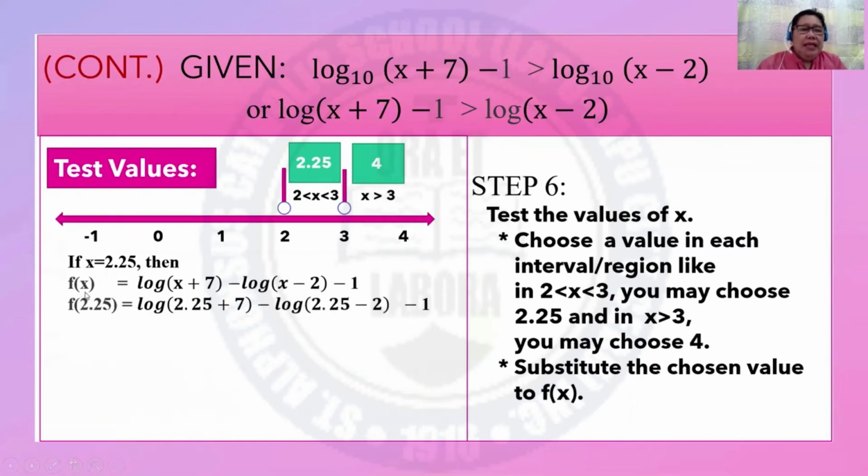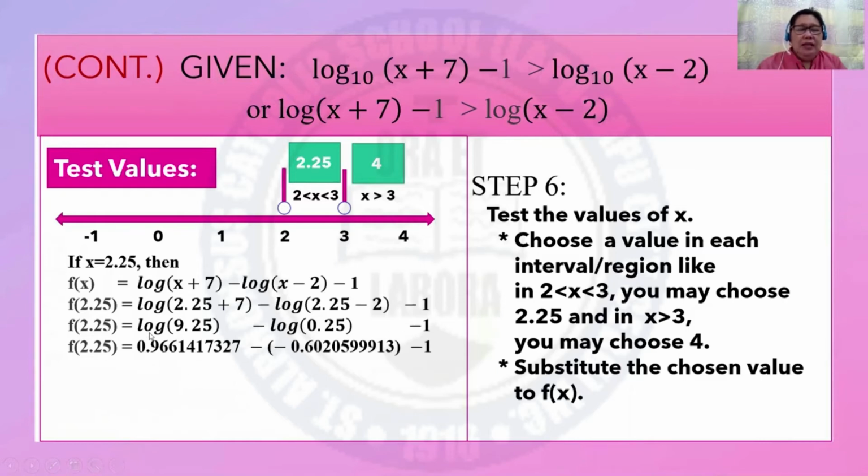Then replace x with 2.25 in each place. And then simplify. 2.25 plus 7 is 9.25. 2.25 minus 2 is 0.25 minus 1.